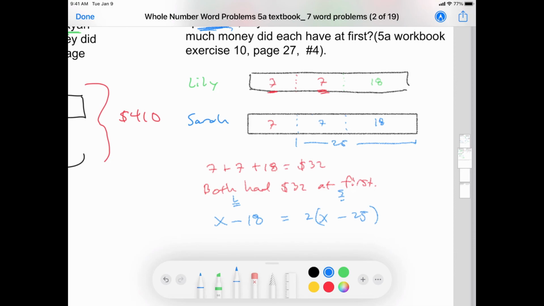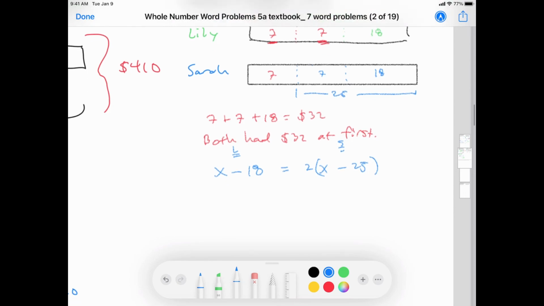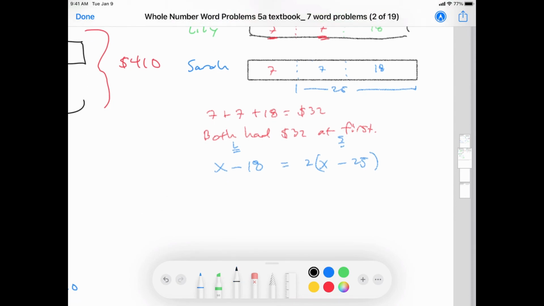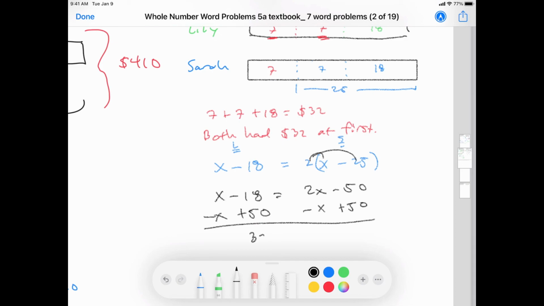So Lily equals 2 times the amount of whatever Sarah has. And then if you just solve from here, distribute the 2, multiply, so 2x minus 50. And then you just subtract x, add 50 over here, you'll get 32 equals x, which was our answer. So another way of solving that using algebra.